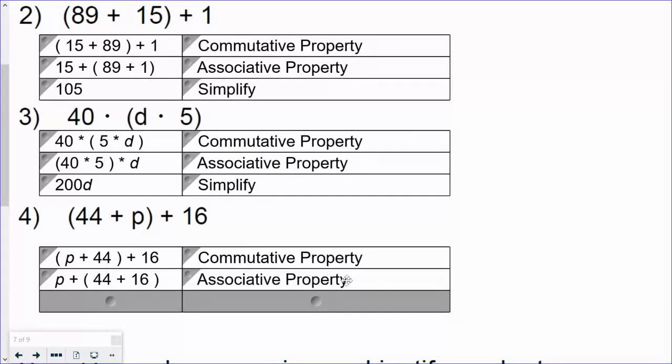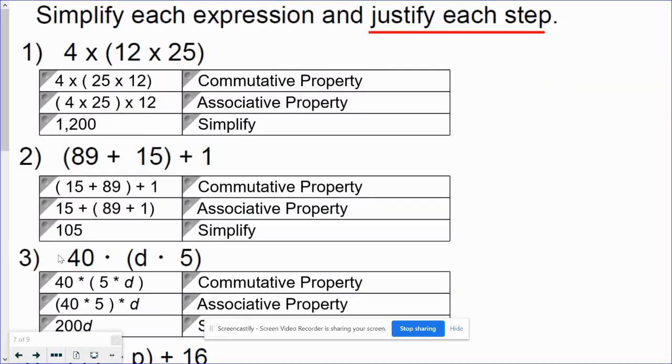And then associative property, I'm going to associate these to make it easier. I'm going to just take 40 plus 16 to get whatever P plus 60 is my simplification. Okay. All right, we're going to go ahead and go down to the next section.